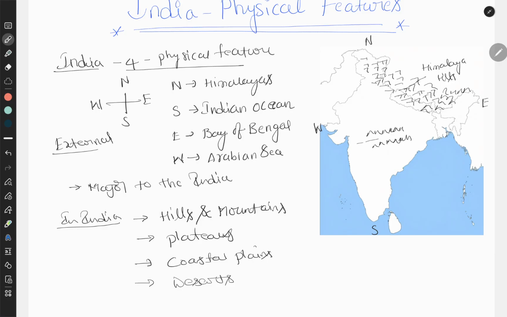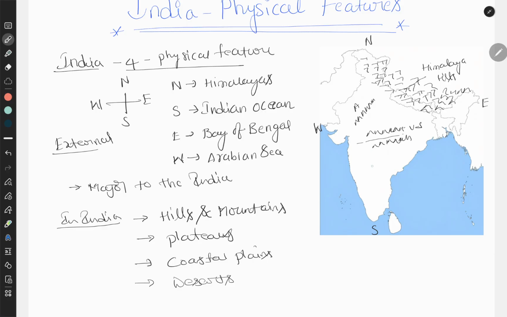In between we have the Narmada river also. We have the Aravalli hills on the west side of India. These are the Vindhya Satpura ranges and Aravalli hills.